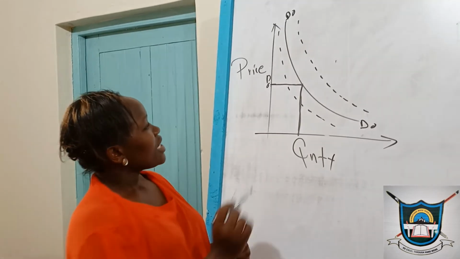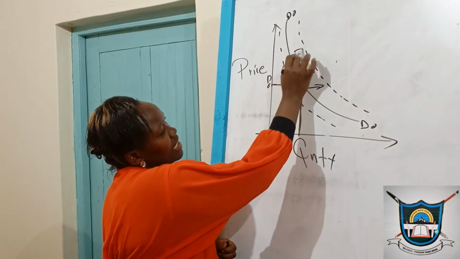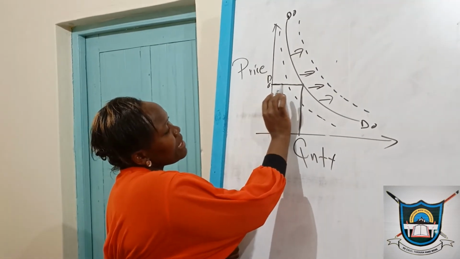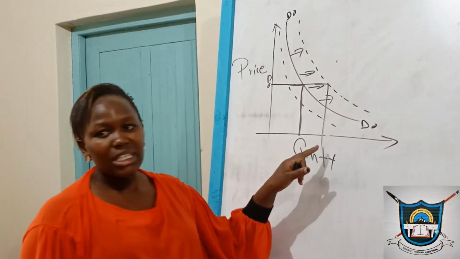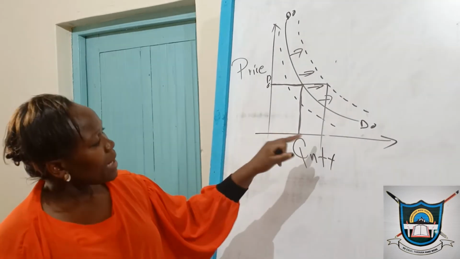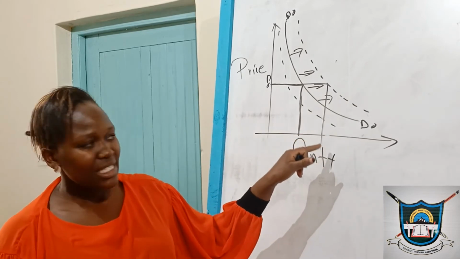And that is going to cause the demand curve to shift to the right side. Because you can see, even if the price remains constant and the population has increased, the quantity still increases. The price is constant, but due to the increase in population, the demand increases.